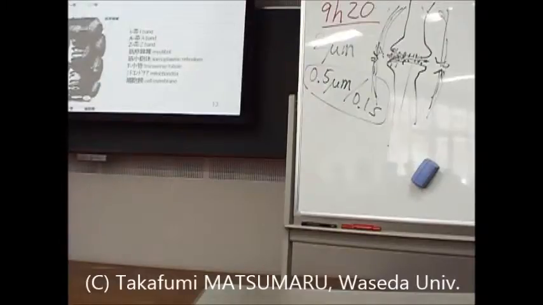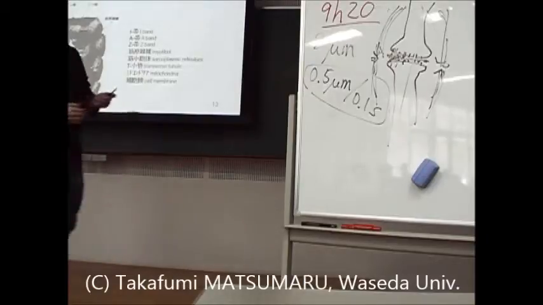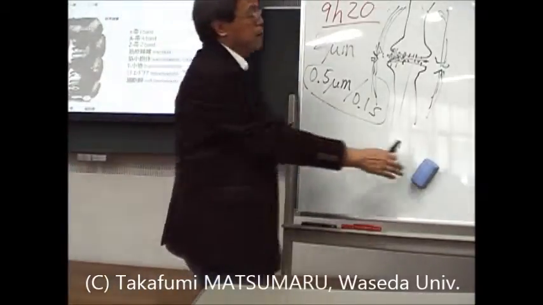For example, the total length of a leg muscle is 20 centimeters.